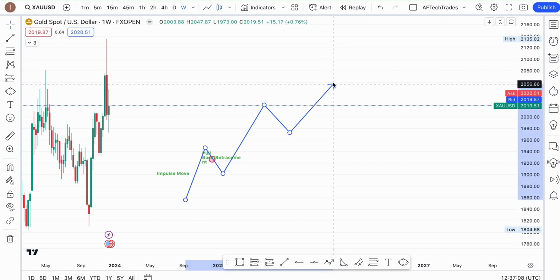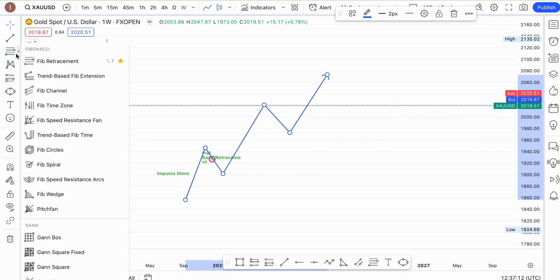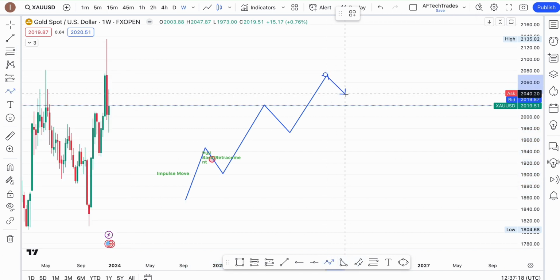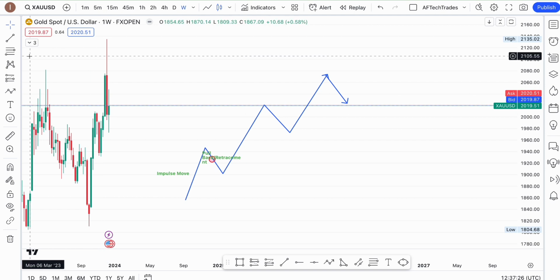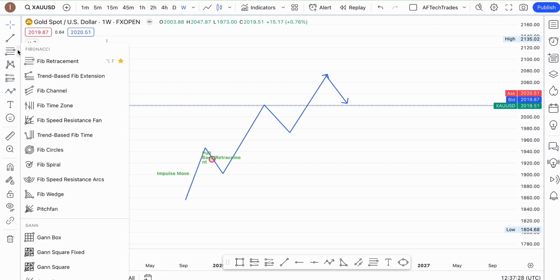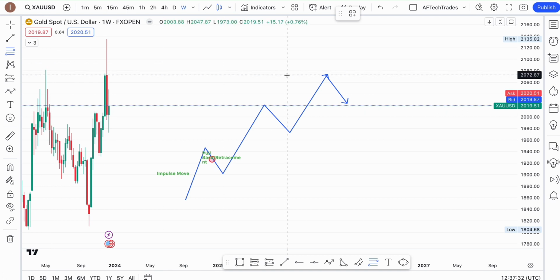Then it will come back again as a retracement, right? Just like this. So this is when you pull out your Fibonacci retracement tool.